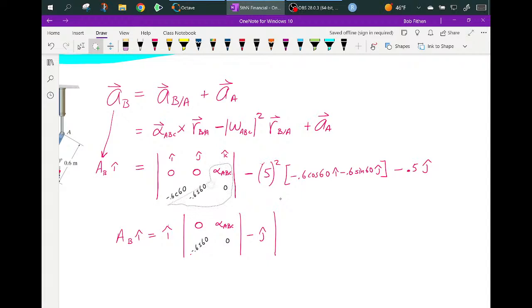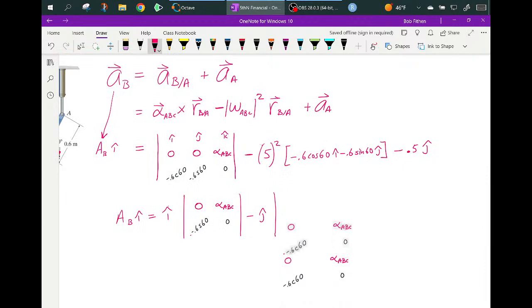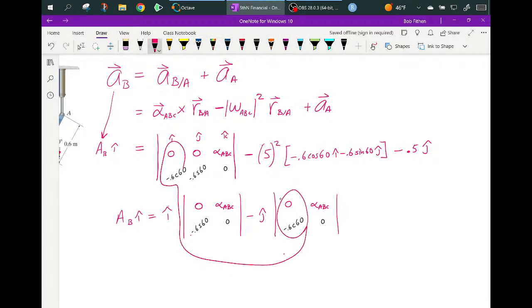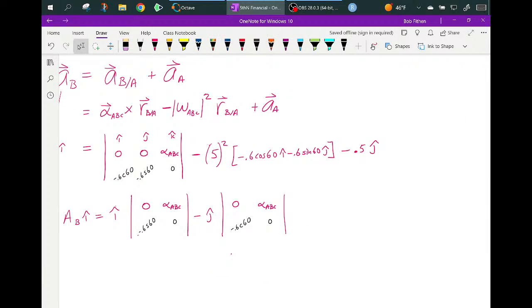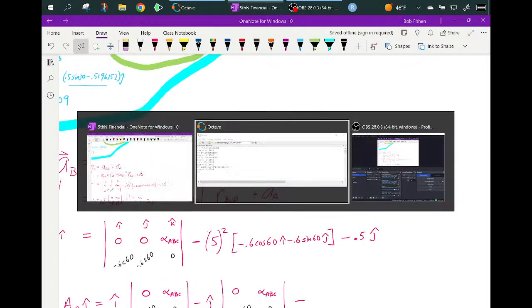Use the magic when you can. Notice I was able to eliminate out the middle in there. In other words, this one is that, and this one is that one. Now, I really need to multiply all this out. So I will go ahead and do that.